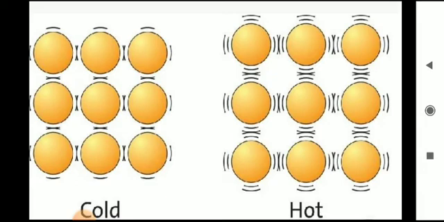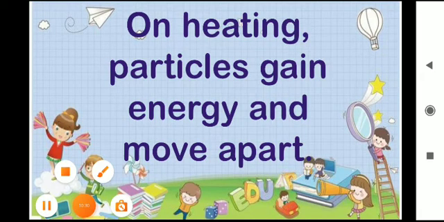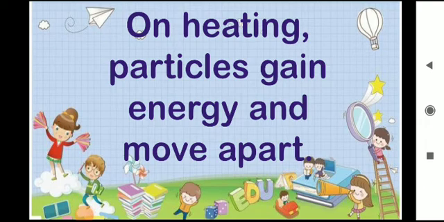In the first picture the particles are closer to each other, but in the second picture, when we are heating the object, the particles are moving away from each other, right? So the first picture shows contraction and the second picture shows expansion. Clear? So this is clear to all of you that on heating, particles gain energy and they start moving apart, right?